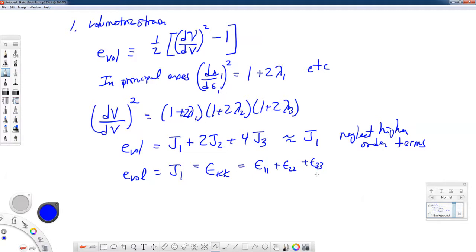And if there is no volumetric strain, then the strain tensor is equal to 0. But what that means is, if there's no volumetric strain, then volume is conserved. And this is a pretty typical assumption for metal plasticity.